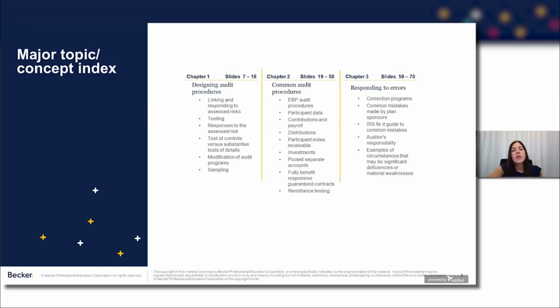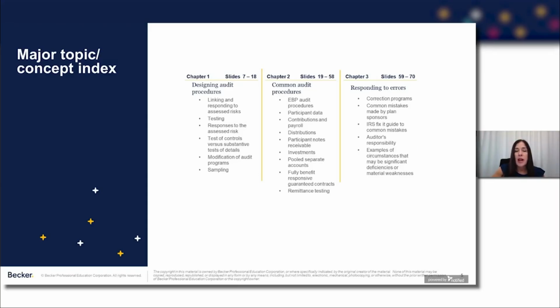So we're going to start first with designing the audit procedures, and this is going to be in direct correlation to the risk assessment process, where we've already talked about steps 1 and 2, where you identified the risk and assessed the risk. Now we're at that step 3, where we are responding to those identified and assessed risks.